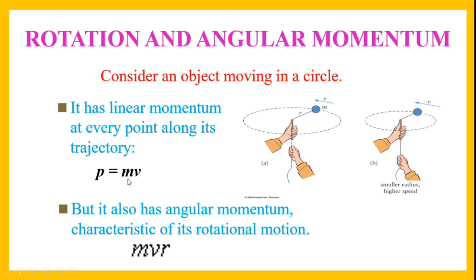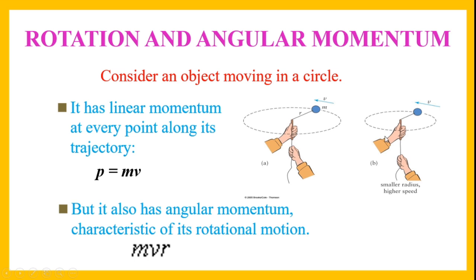P is equal to mv. So that means, as it is moving, it contains linear momentum. Now it also contains angular momentum because of its characteristic of rotational motion.